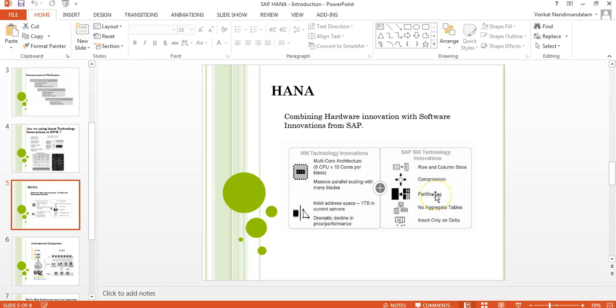And then with all the multi-core CPU technology that we have in HANA, you are going to get a lot of partitioning available. And then when you have a database which can fetch the data sets that you need in seconds, you don't need to do any aggregations. You can do reports on your detailed level data sets.